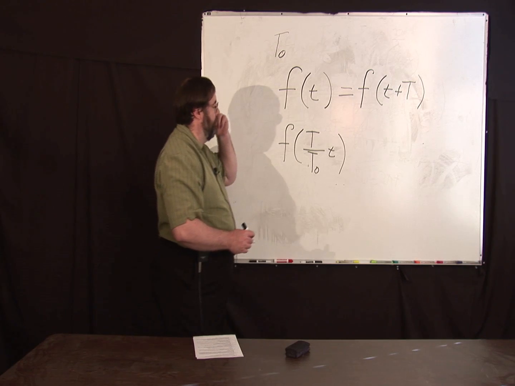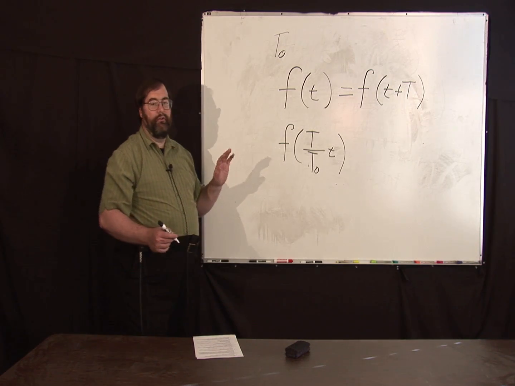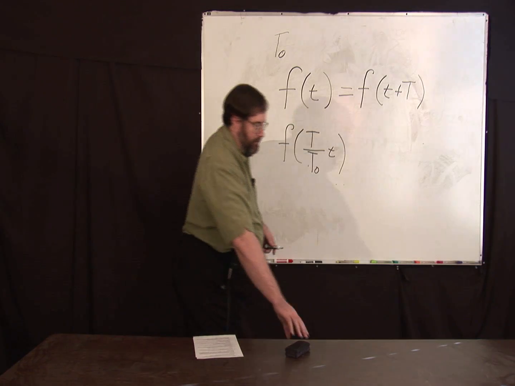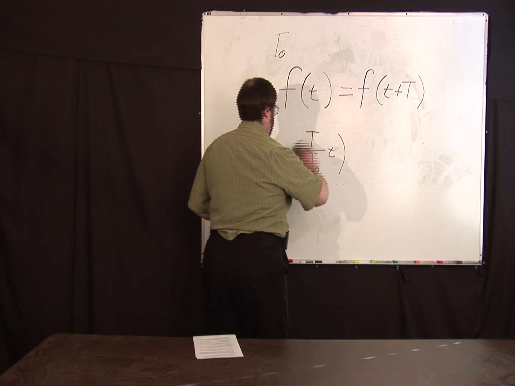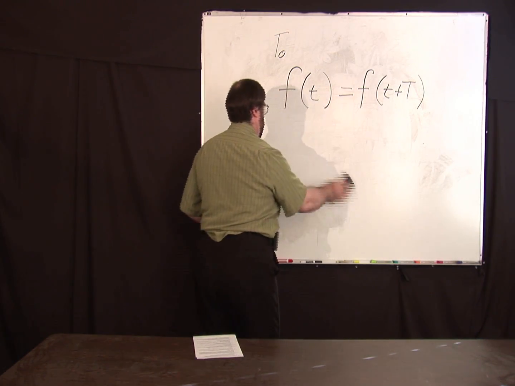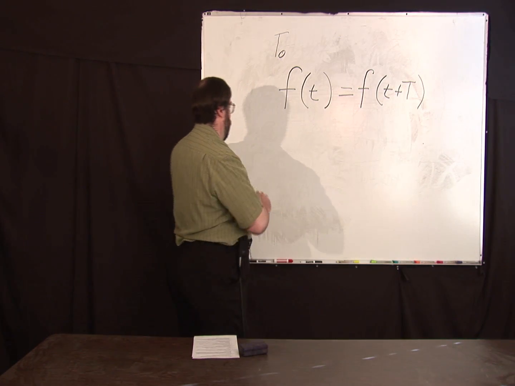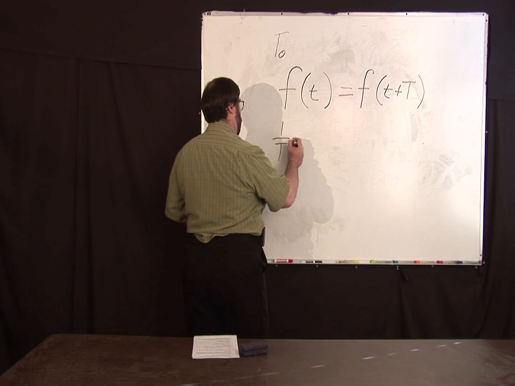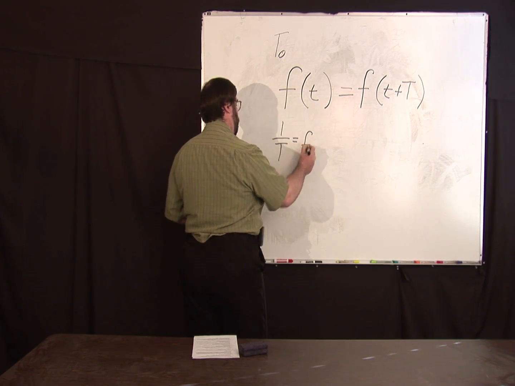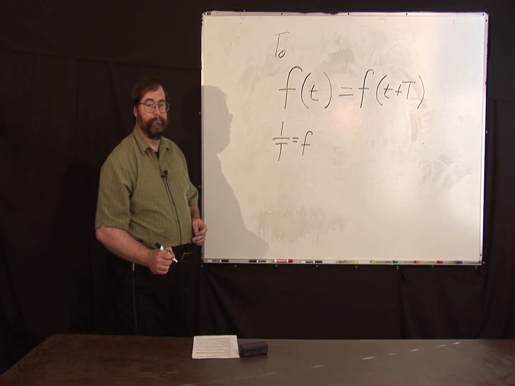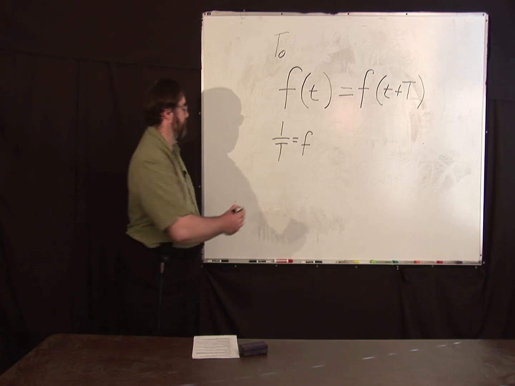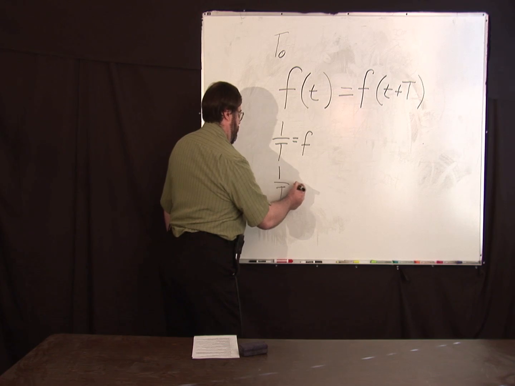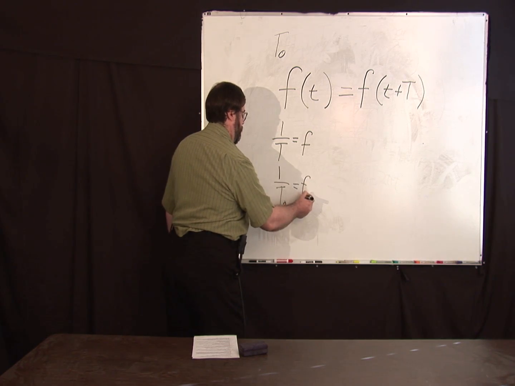Now, one can also talk about periodic phenomena in terms of something called the frequency. We're going to use the same symbol here, but you can figure it out from context. 1 over the period is called the frequency. So 1 over T0, in this case, we'll call f0.